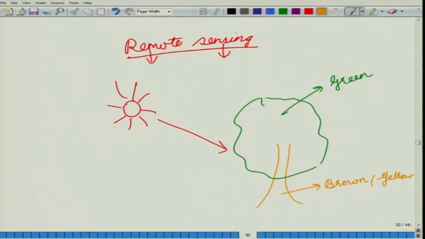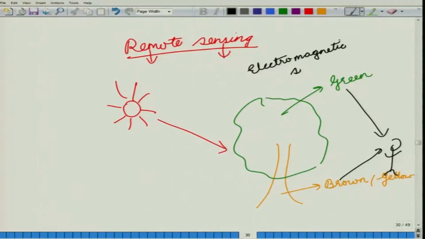An observer standing somewhere is able to see this green color as well as the brown color. So, he is using this electromagnetic spectrum to get knowledge about this tree, that is, its canopy is very different from its stem. He is getting this knowledge from electromagnetic radiation while standing at a distance from the tree, not in physical contact with it. So, that is remote sensing.